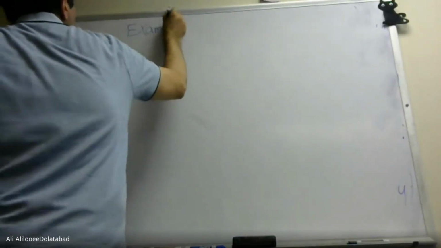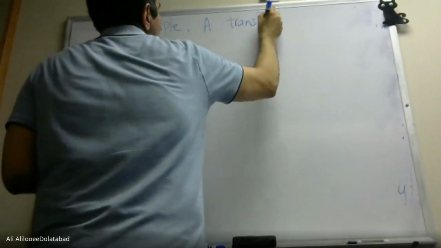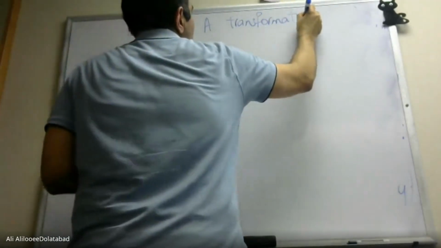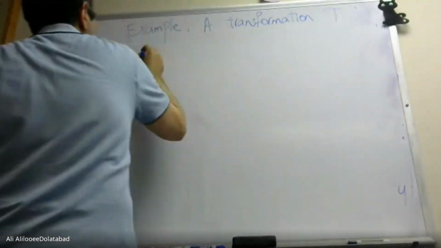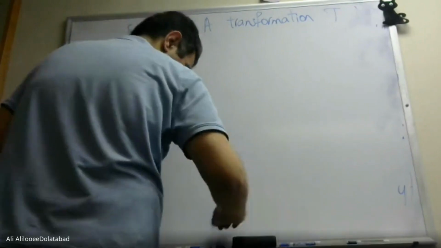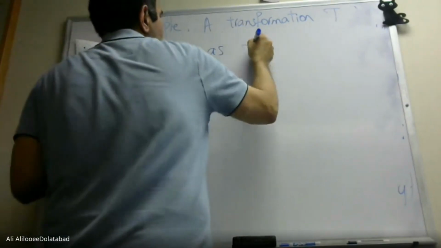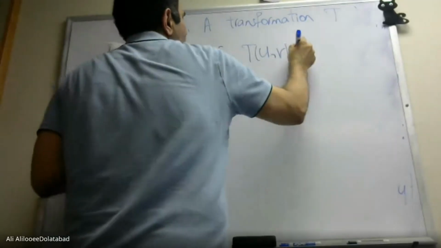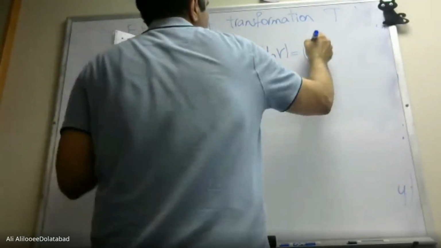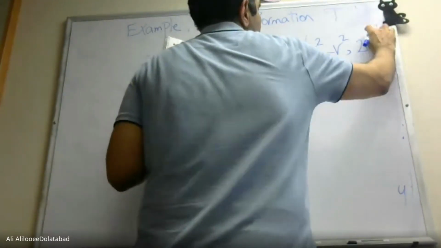One example, then. The transformation T is given as T of u, v equal to u squared minus v squared, 2uv.